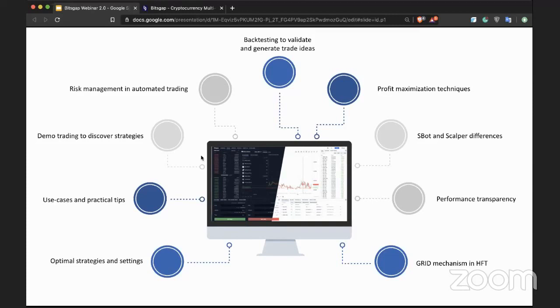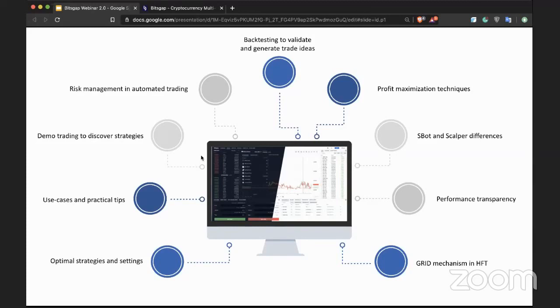We will cover risk management in automated trading, and we will also highlight key sources of trade ideas, and backtesting is one of them. So you will know exactly what backtesting is all about and how you can use it.